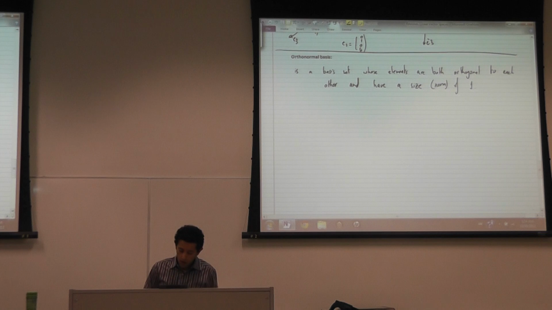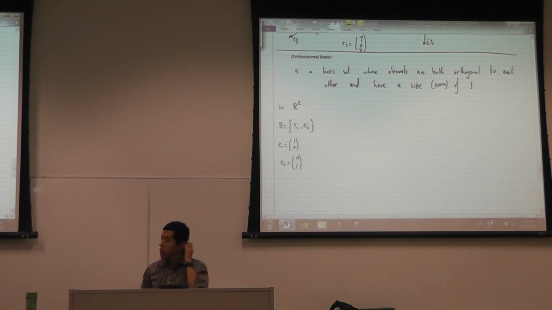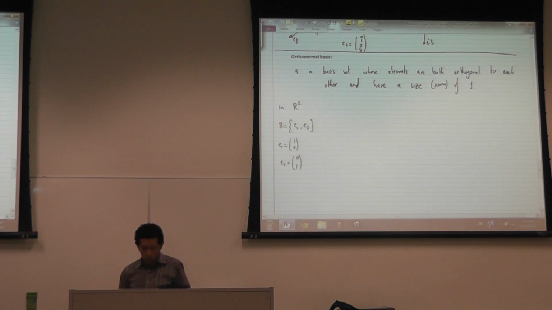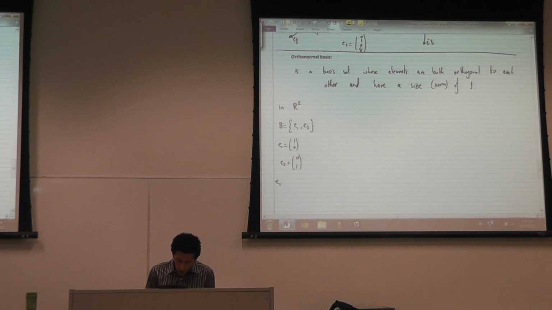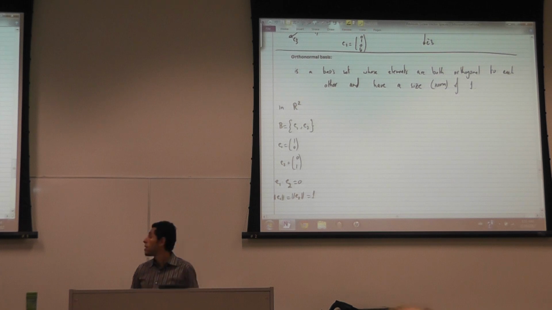For example, in R2, E1 is equal to 1, 0, E2 is equal to 0, 1. E1 dot E2 using the Euclidean dot product is equal to 0, norm E1 is equal to norm E2 is equal to 1. Therefore, this is an orthonormal basis set.